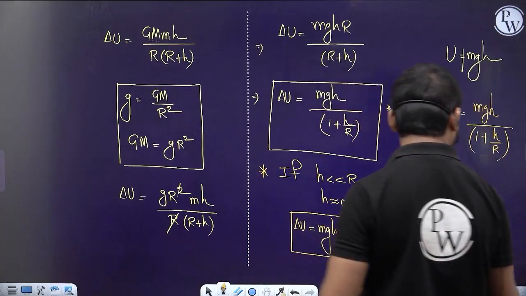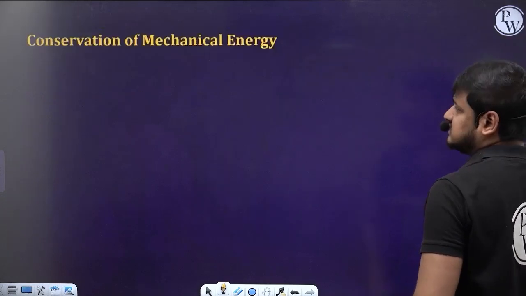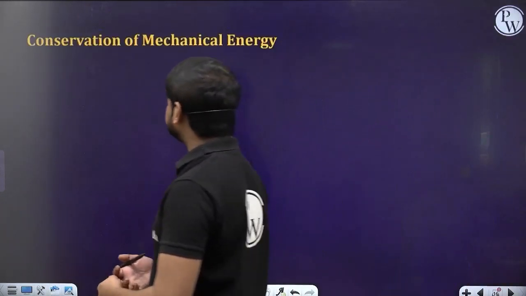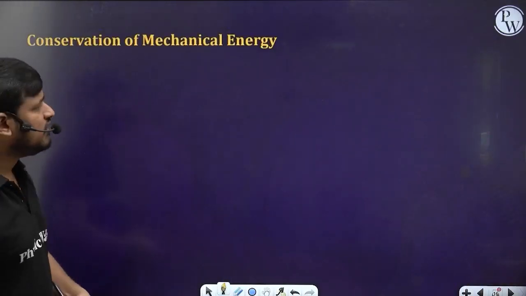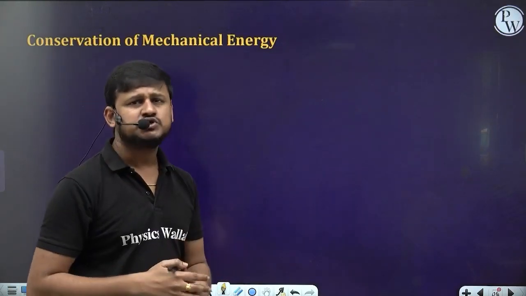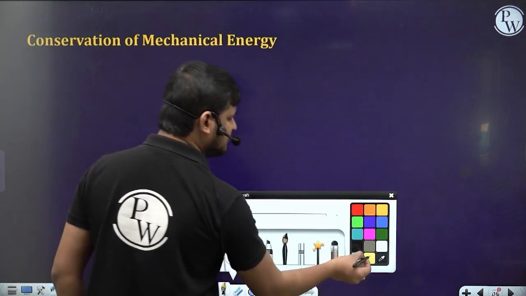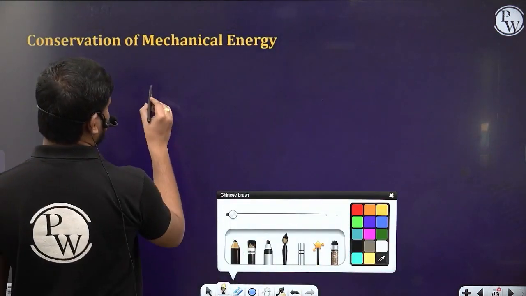Chalo. Good. Next, that is the conservation of mechanical energy. If an object is taken from one place to another place, you can apply the conservation of mechanical energy there. What does the conservation of mechanical energy say?